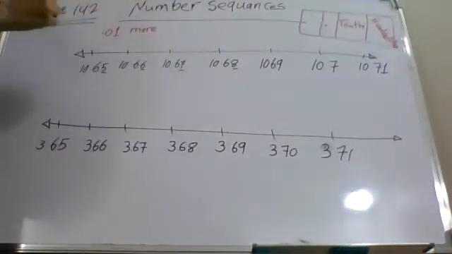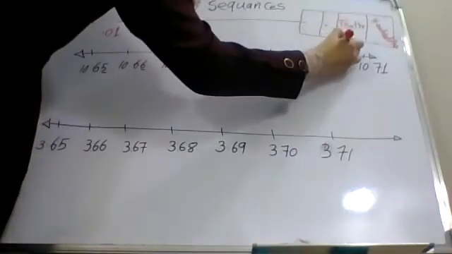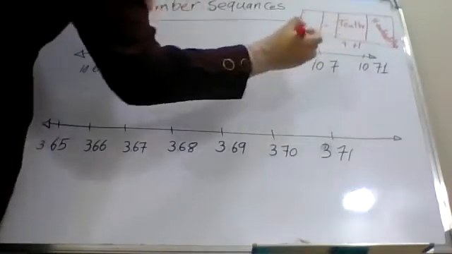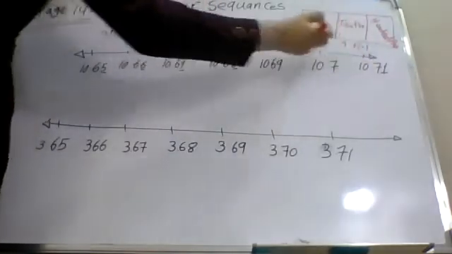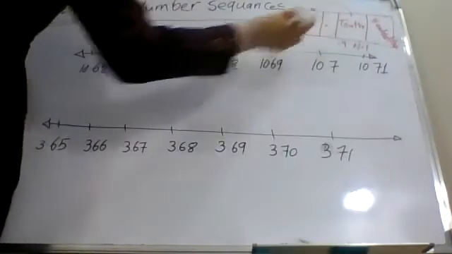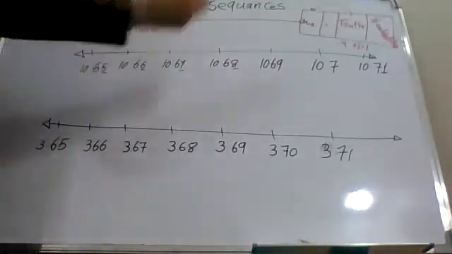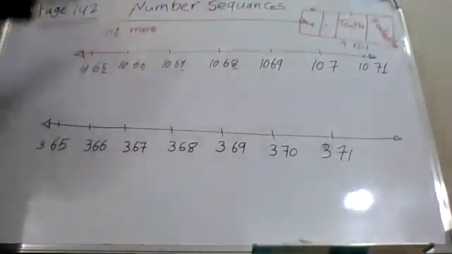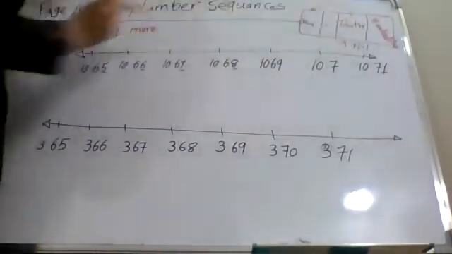In the previous class, when we reached 0.9 and we added 0.1, as you see here, we moved to the next place. What was the next place? It's the 1st place. That's why we added to number 3 and number 6. So we added 6 plus 1 equals 7, and so on. So you are changing the whole number because it's the next number to the 10th.